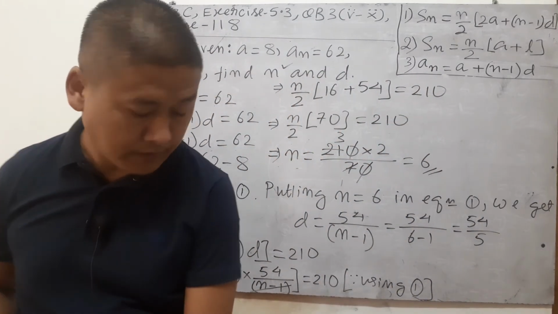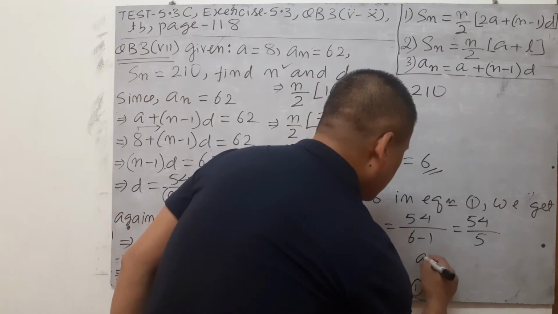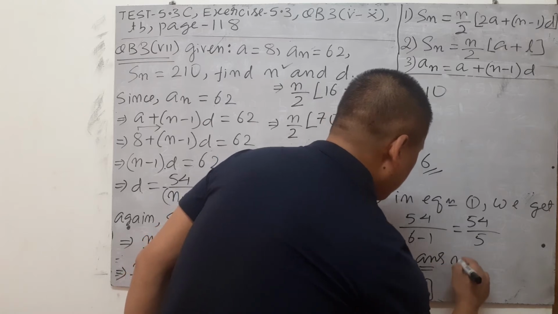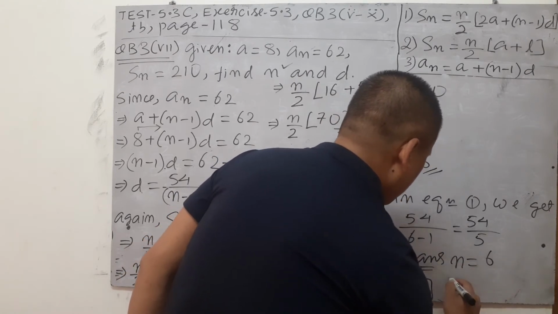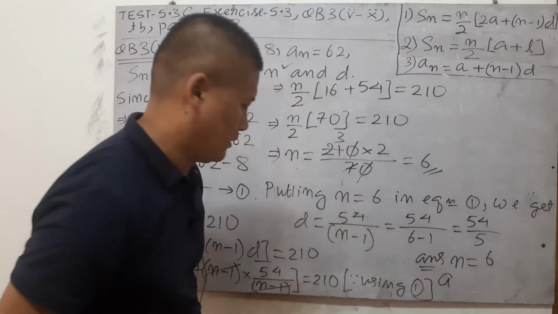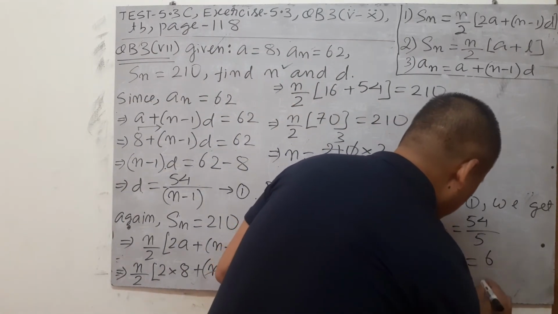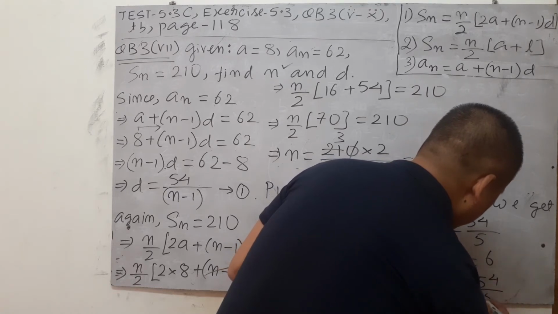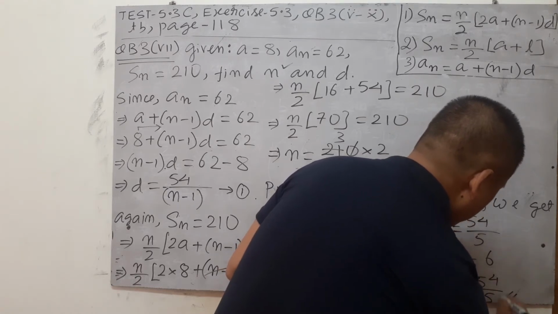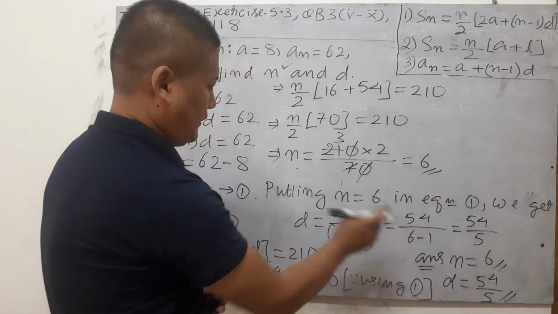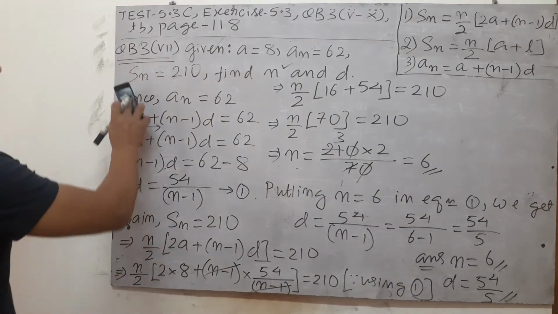So 54 by 5, yes, correct. Therefore our answer is the n value is 6 and the d value is 54 by 5. Hope you're getting it right.